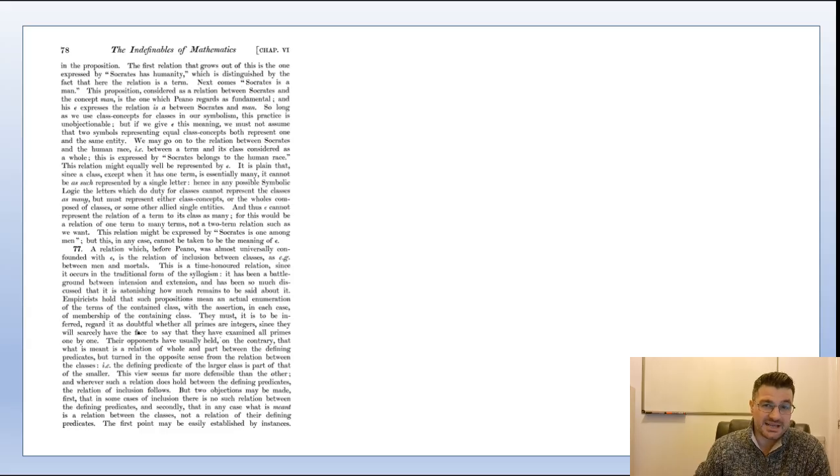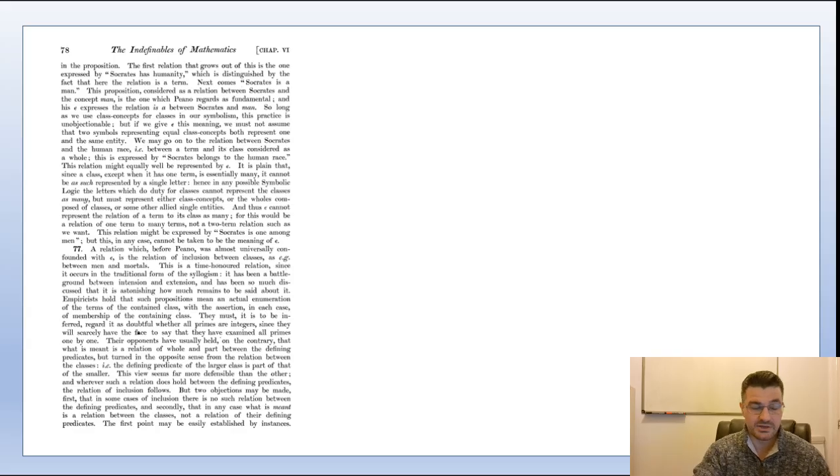So the symbolism is kind of defective in the way that we use to represent classes, unless we are to try to represent the class by actually stating its terms, A and B and C, but even then this is arguably a single symbol, and it also defeats the object really in many ways.